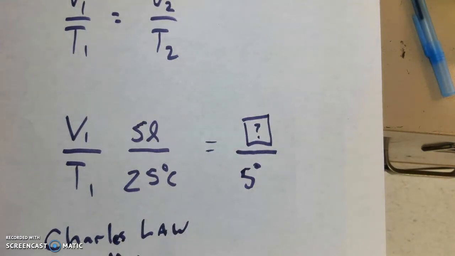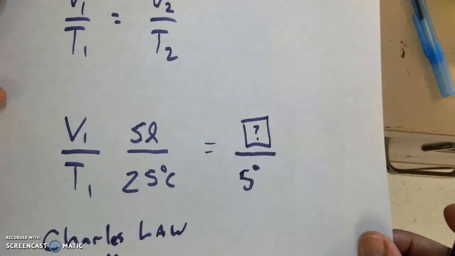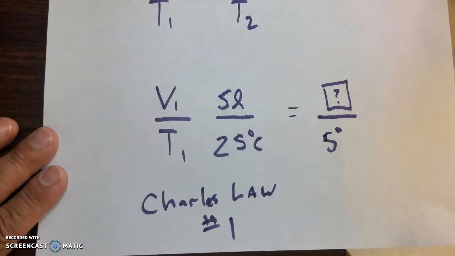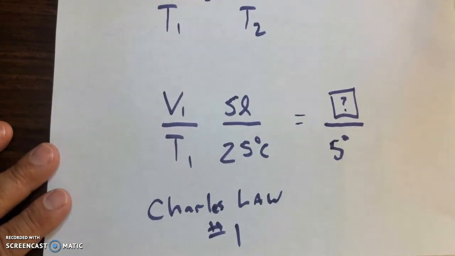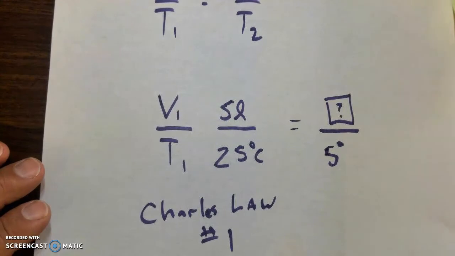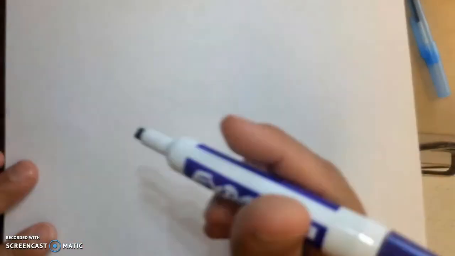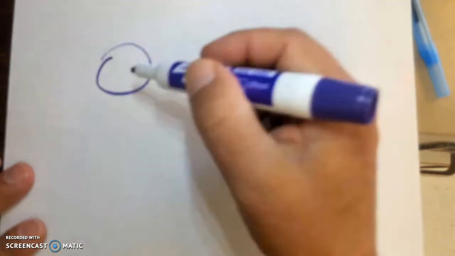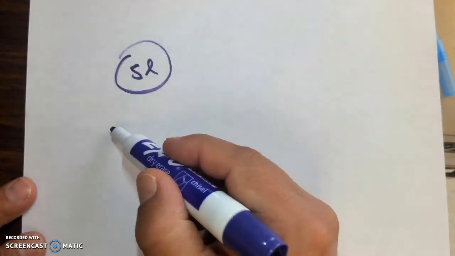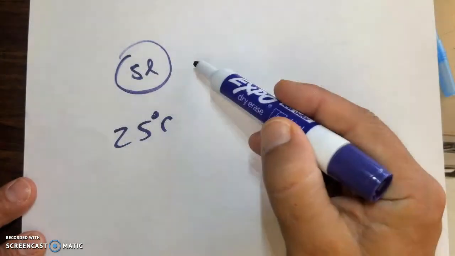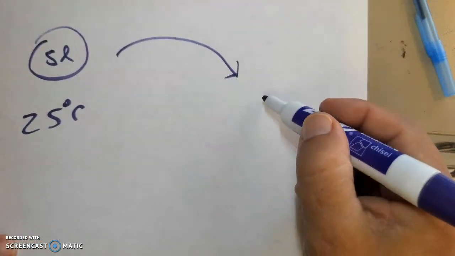And then I'm going to give you a problem on pascals, and you can submit your answer on that one, okay? So pause it if you need some time to do that math. Tell me how big that balloon would be if you threw it in an ice bath. So for example, just to review in case my writing's a little bit muddled up, if you have a balloon that's 5 liters and that balloon is sitting at 25 degrees Celsius and you throw it into an ice bath, it's going to get smaller.